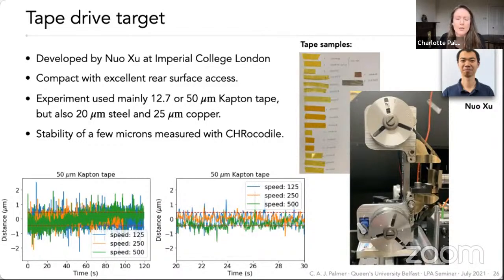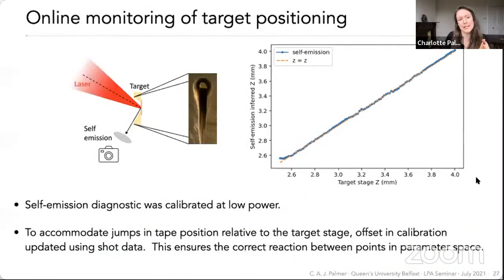And while it wasn't possible for us to determine the cause of those jumps, we were able to monitor the surface position on shot using self-emission imaging along the normal to the laser propagation direction. So here you can see a cartoon of how that was set up, and also the calibration that was used to relate the laser position to the target stage.